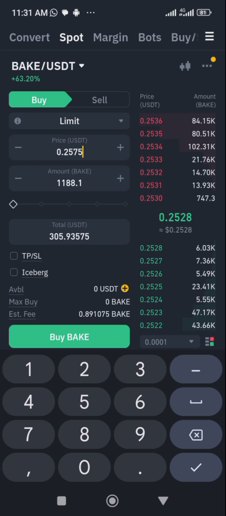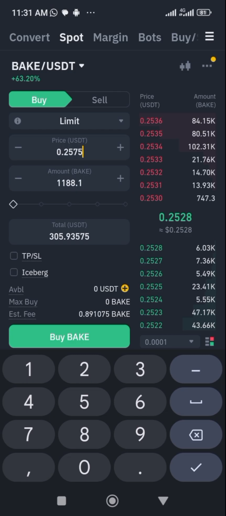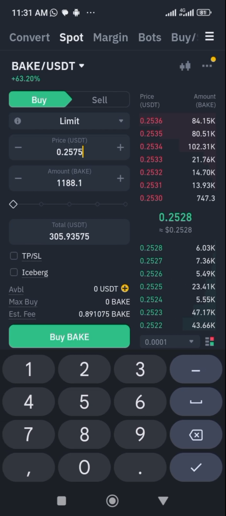This is spot trading, it's not futures trading, okay? Spot trading at least comes with less risk, unlike futures trading. If you want to know how to do this by yourself, don't skip any part of this video, because I'm going to show you everything step by step on how you can be making at least 2% on each trade, and you can do this like 10 times, which is 20%.